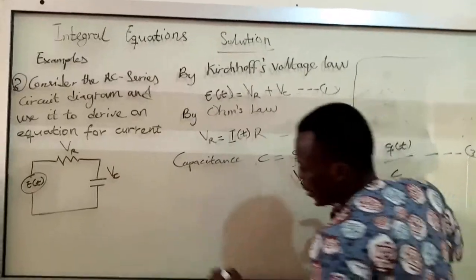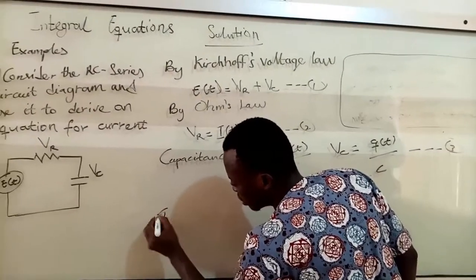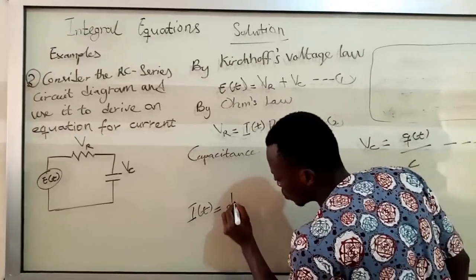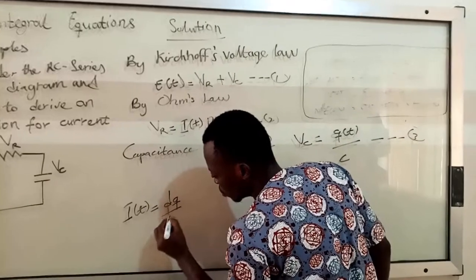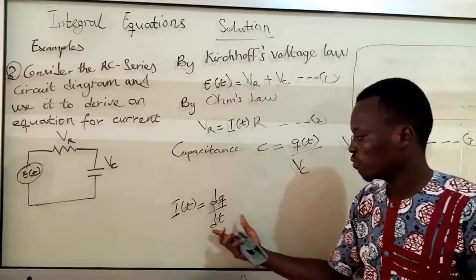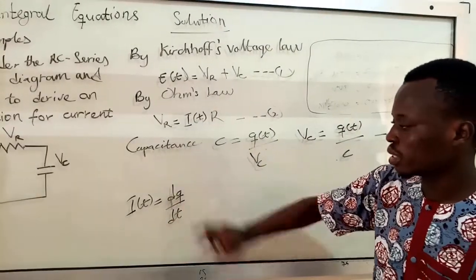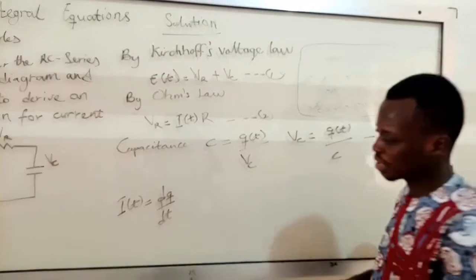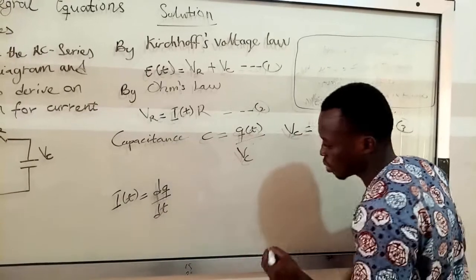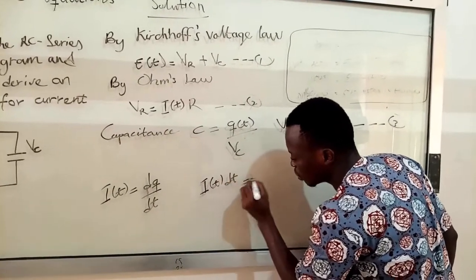Now, mathematically, current is also given as I of t equal to dQ/dt. Now we have to find the charge here, which is the Q. So let's multiply each term by dt. We're going to have I of t dt, which is equal to dQ.